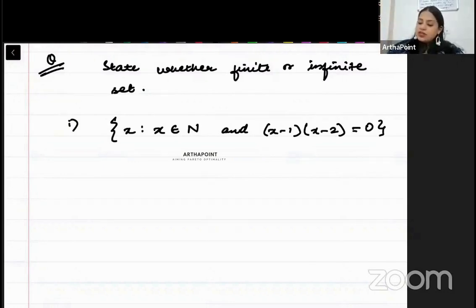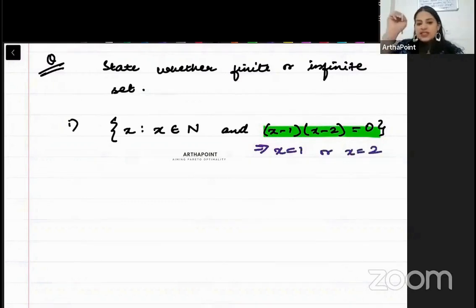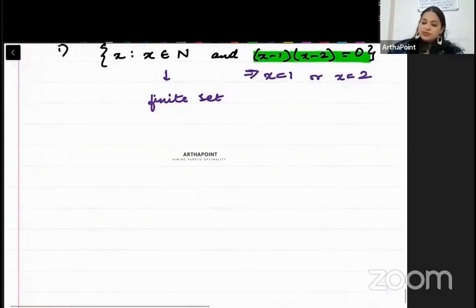So beta, in this, we know that this implies either x is 1 or x is 2. So x can only take 2 finite values. So beta, this is clearly a finite set. It cannot be infinite. It can only be a finite set, right? Okay, take the next example. Second example.